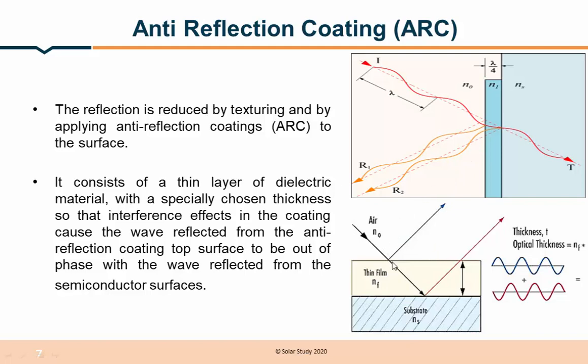In this one you can see the thickness of the film and the surface. n naught is the refractive index of the air, nf is the refractive index of the thin film, and ns is the refractive index of the substrate. When the refractive index of the air is less than the substrate, it is easy for light to get in. When the refractive index of the substrate is much lower than the air, all the light will be reflected out.